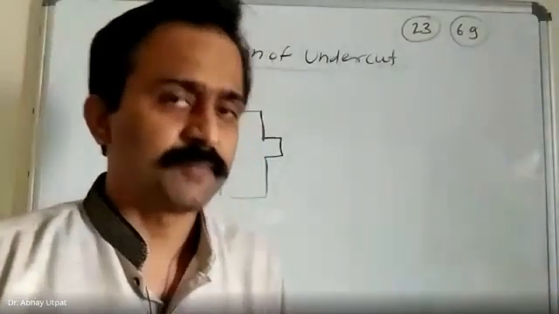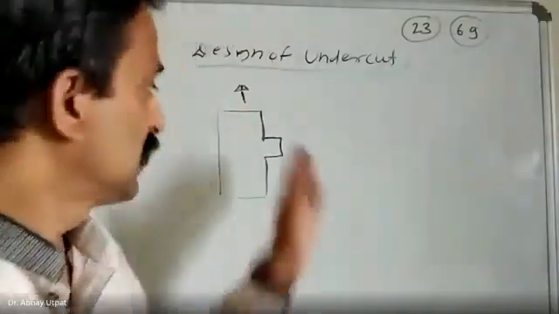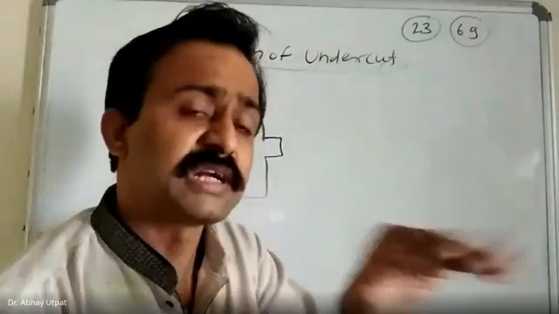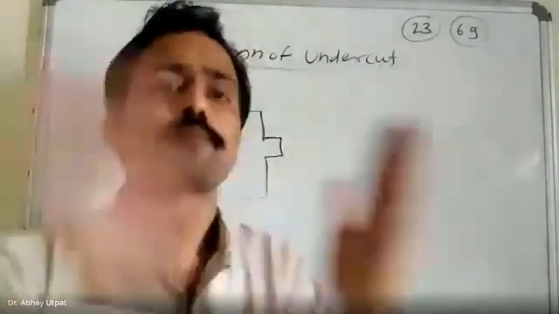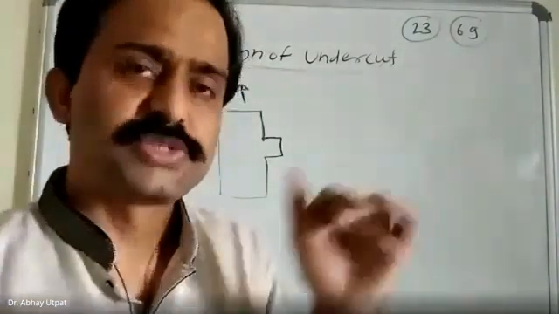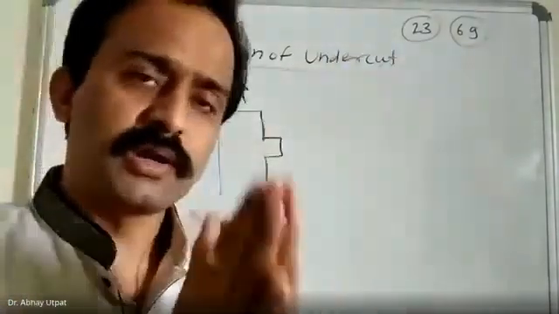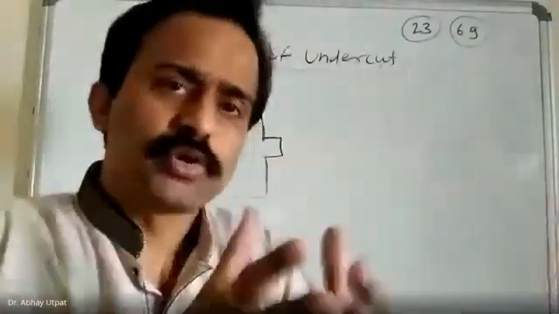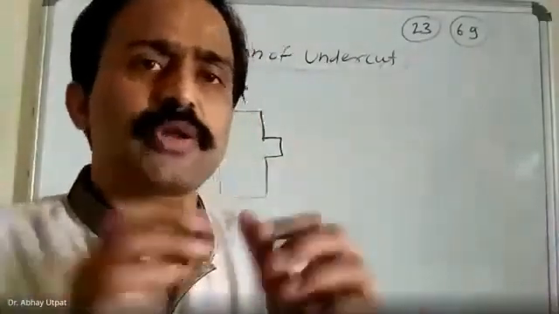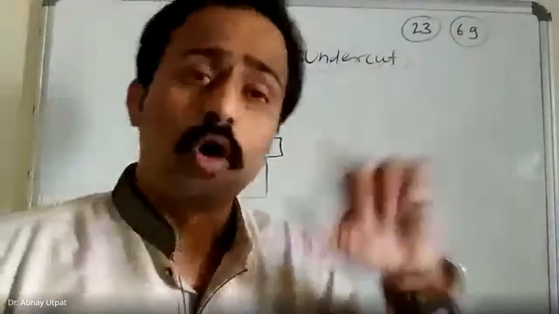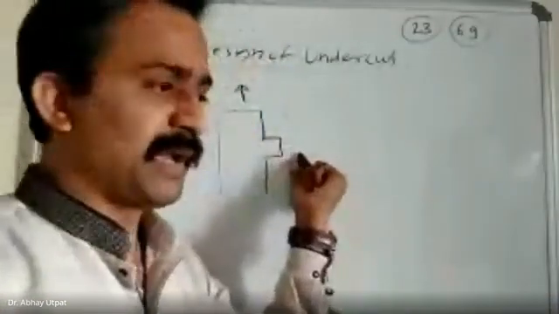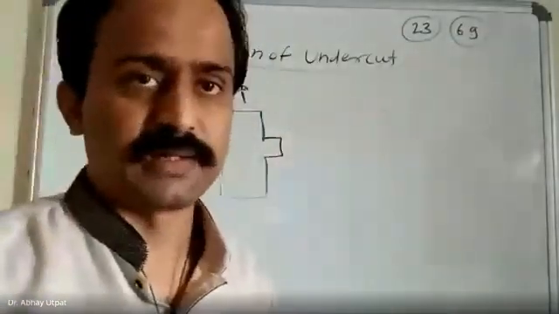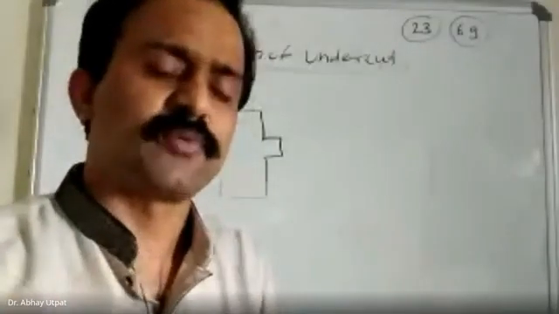I repeat once again, undercuts are nothing but surfaces which are perpendicular to ejector pin movement or mold movement. In that case, you can use some sliding cores to avoid this undercut. You can use this sliding core, or if possible, you can make it of small thickness which can be strippable while removing the part. Okay, this is just a simple concept of undercut.